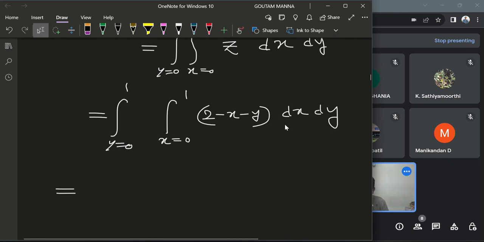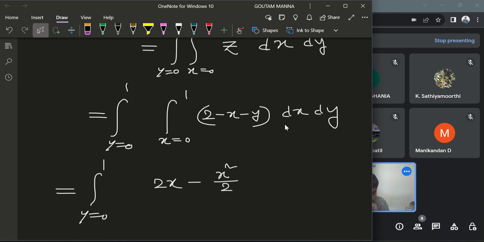Now if I do the x integration, for the first term it will be 2x, for the second term it will be minus x squared by 2, and for the third term it will be xy.